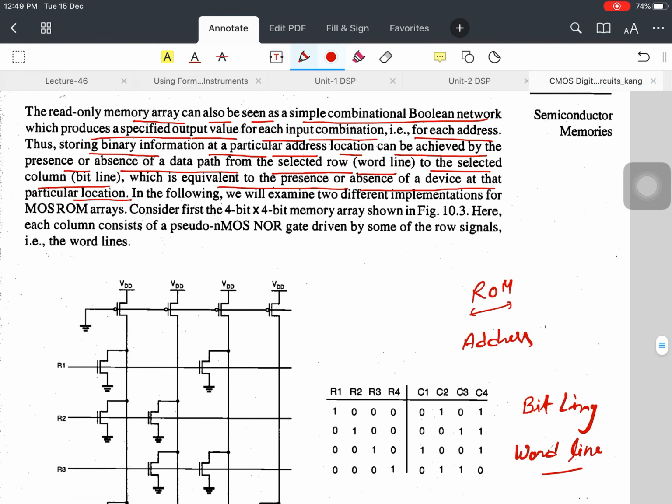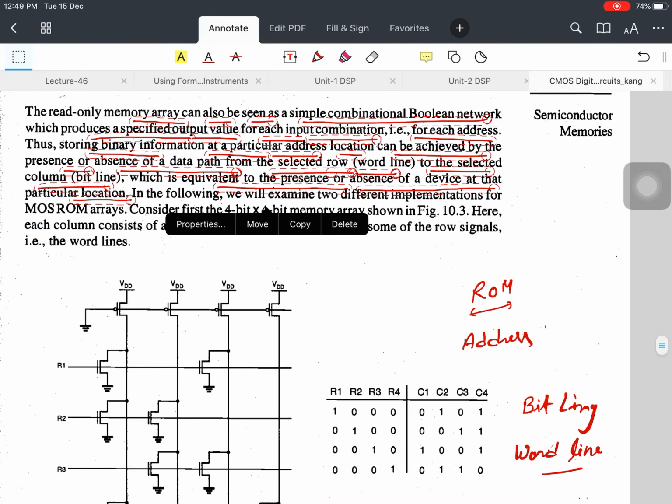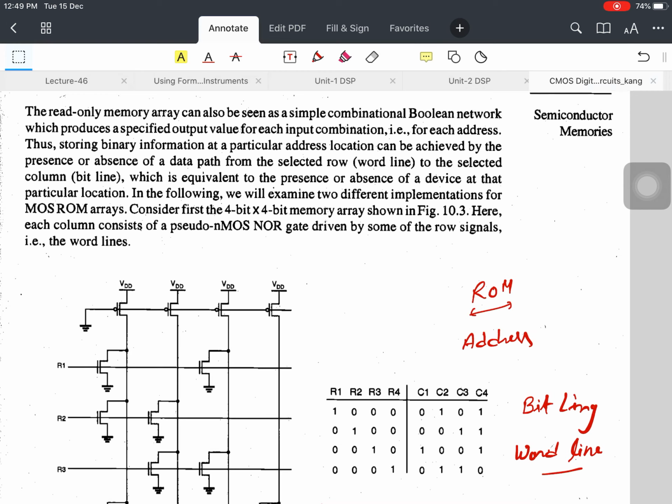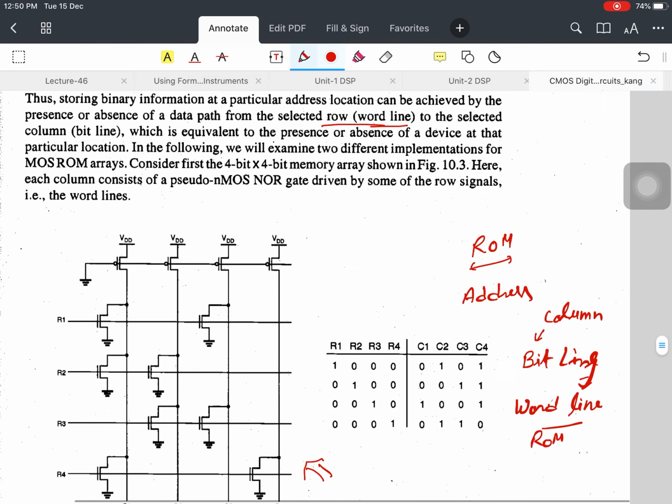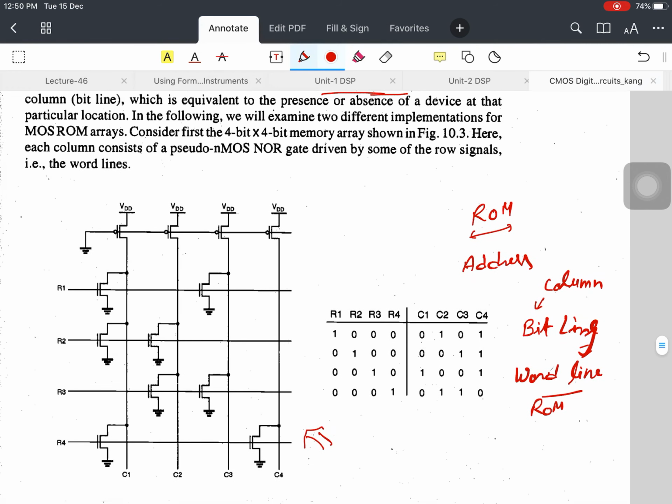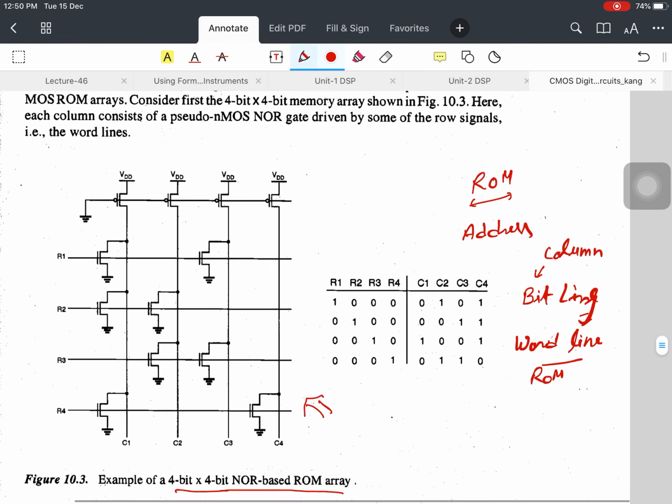Here you can see the row, also called the word line, and that is your column. The bit line is this line. Now, this is the structure of the 4 cross 4 NOR based ROM.